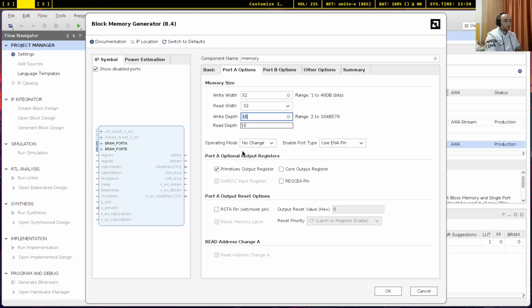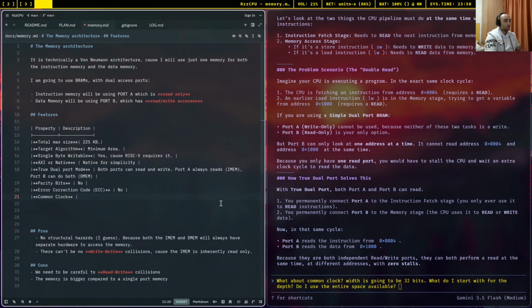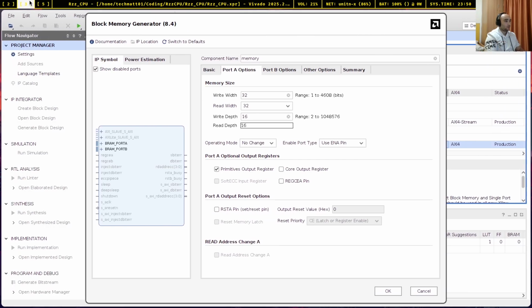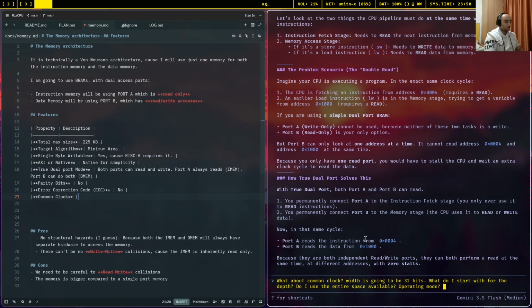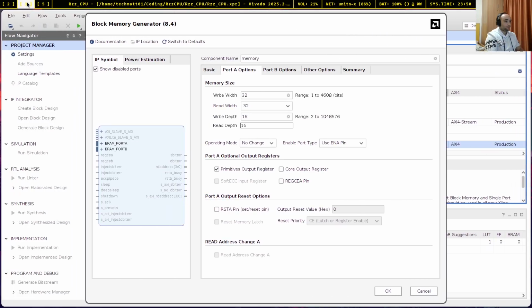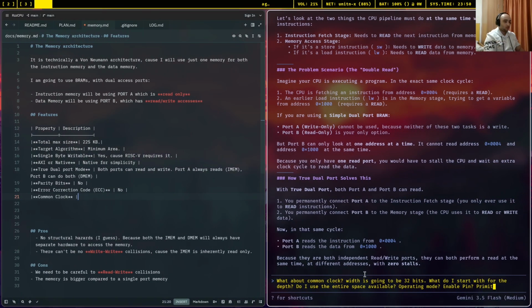What about write first, read first, no change? Enable pipelining. Primitives output register, core output register.